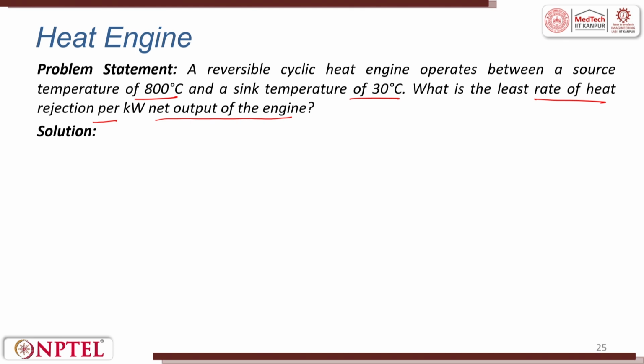I need to find the efficiency and I will try to find the value of Q2 because Q1 is given almost. That is, I will find the maximum efficiency first, then I will try to find the least rate of heat rejection per kilowatt of the net output of the engine.